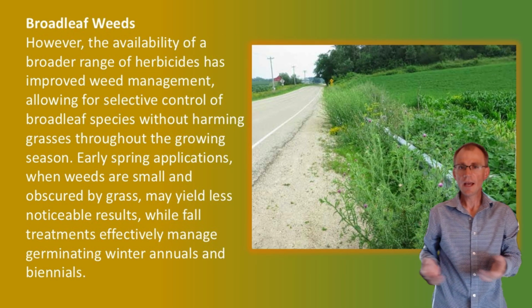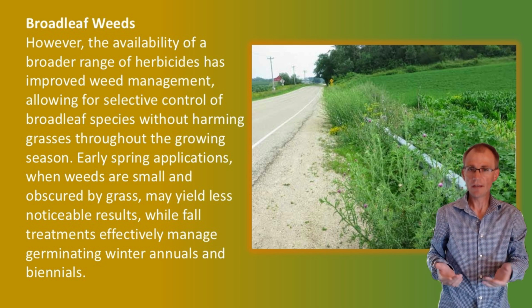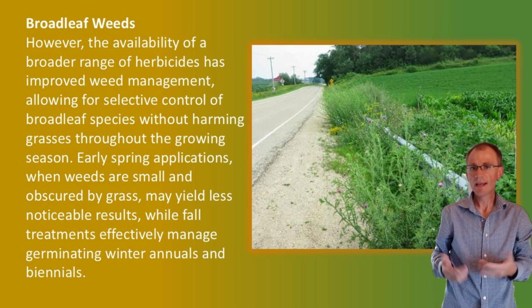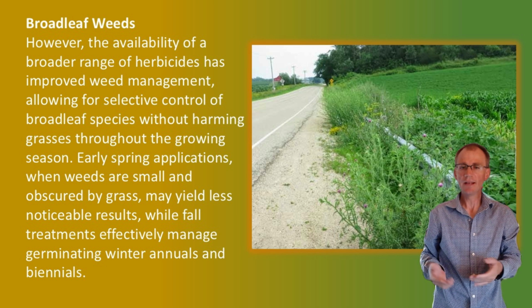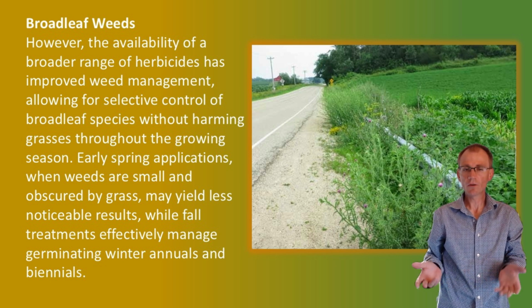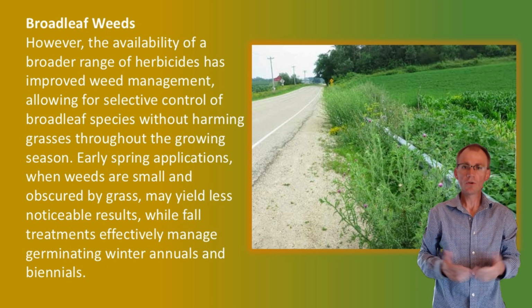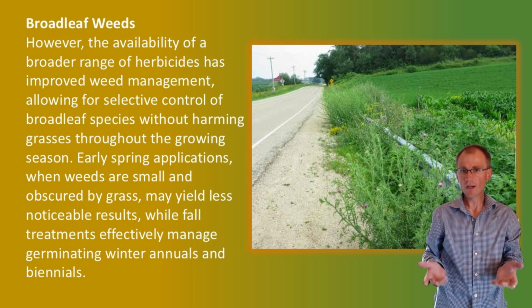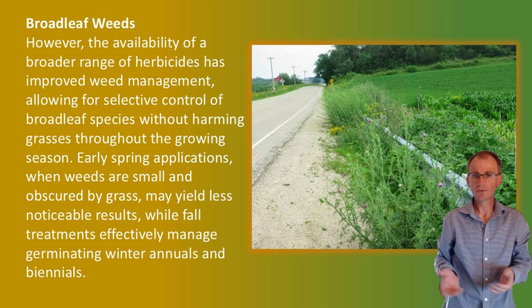However, the availability of a broader range of herbicides has improved weed management, allowing for selective control of broadleaf species without harming grasses throughout the growing season. Early spring applications, when weeds are small and obscured by grass, may yield less noticeable results, while fall treatments effectively manage germinating winter annuals and biennials.